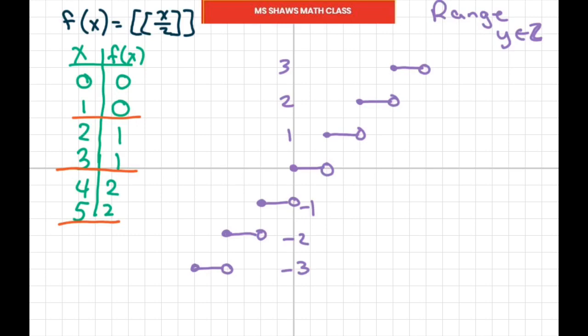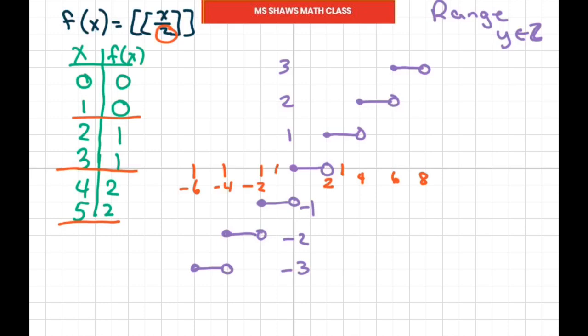So basically, since this is a 2, what we're going by is 2. So this would be 2, 4, 6, and 8. Because 3 is 1.5. So normally it would go right up in here, but you have to round it down to 1. And on this side, you would have just copy it down, -2, -4, then -6, and so forth, because it rounds down.